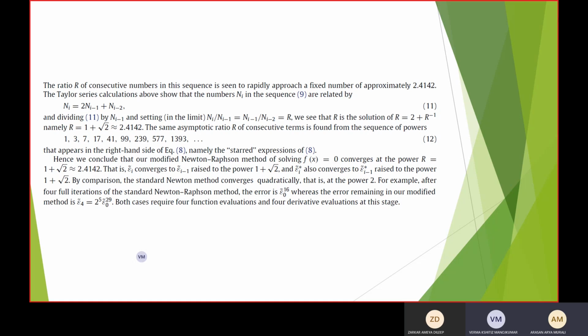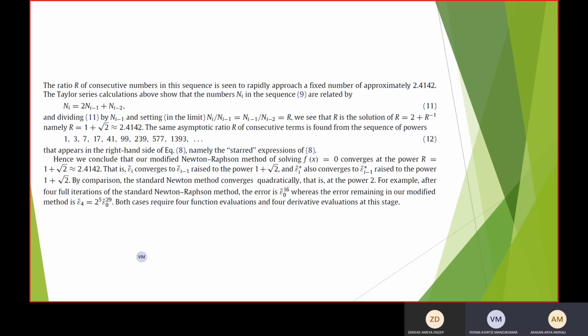That is, epsilon i tilde converges to epsilon i minus 1 tilde raised to the power 1 plus root 2, and epsilon i tilde star also converges to epsilon i minus 1 tilde star raised to the power 1 plus root 2. By comparison, the standard Newton method converges quadratically, that is, with the power of 2.